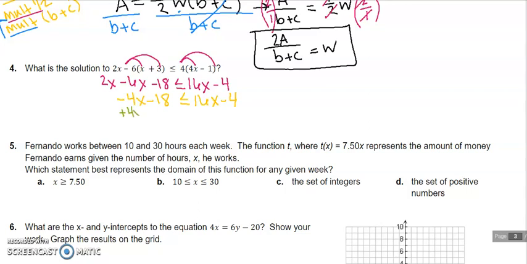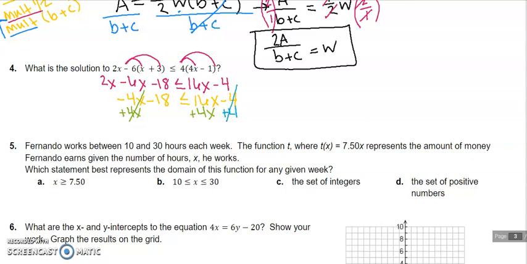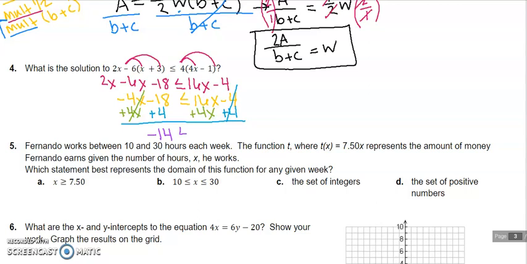Add 4x. Let's see, I'm bringing my variables over here, so I've got to bring my constants over here. So add 4 to cancel that one. We end up with negative 14 is less than or equal to 20x.